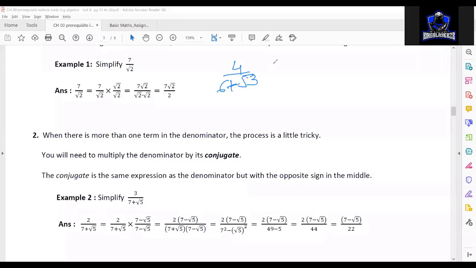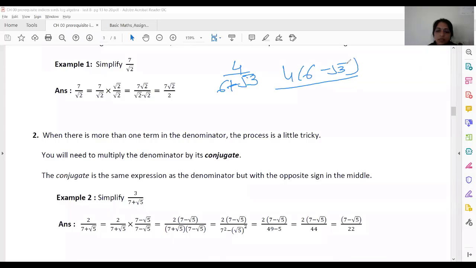Please, there is no need to open the bracket. 4 into 6 minus root 3 upon 33. Right? 33.